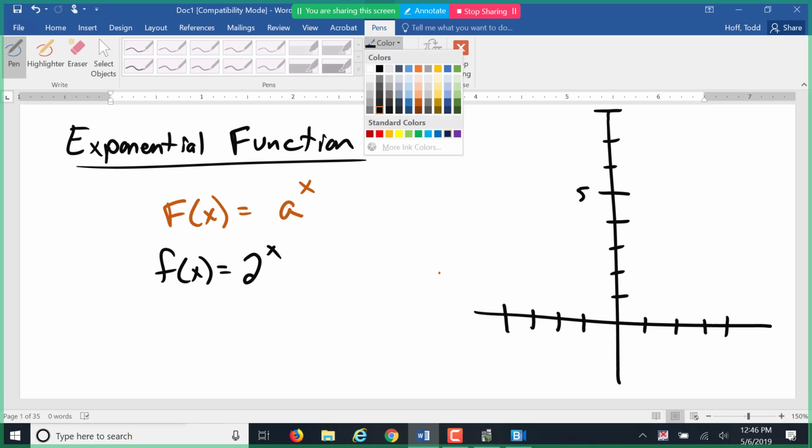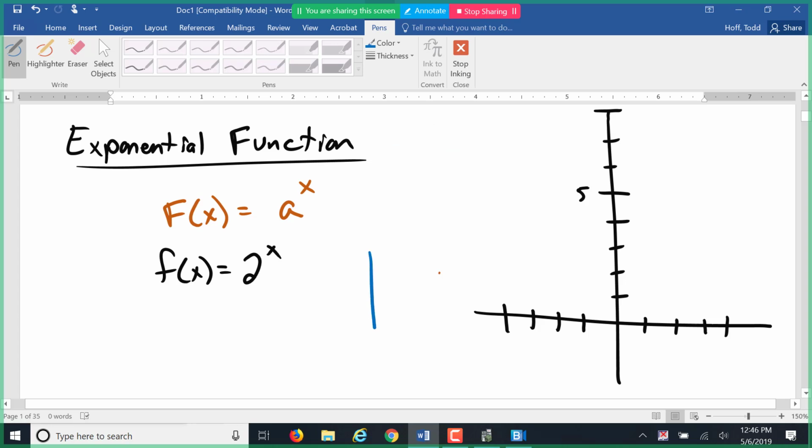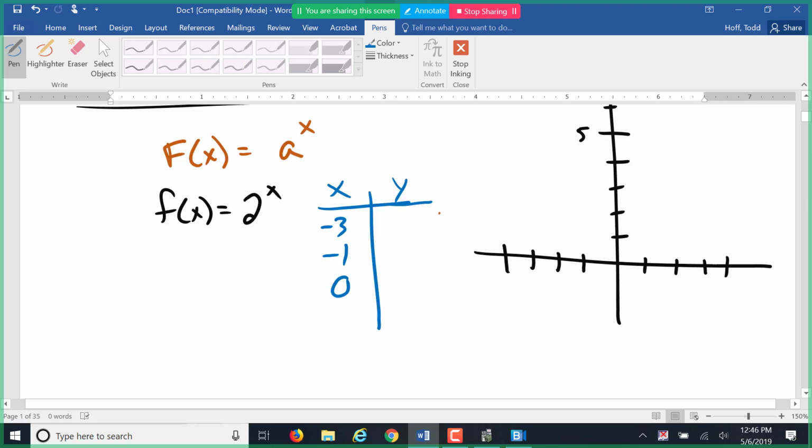Now we're going to fall back to making a table for these, where I pick values for x and I calculate what y is. And we're going to take a range. We're going to do -3, -1, 0, 1, and 3.